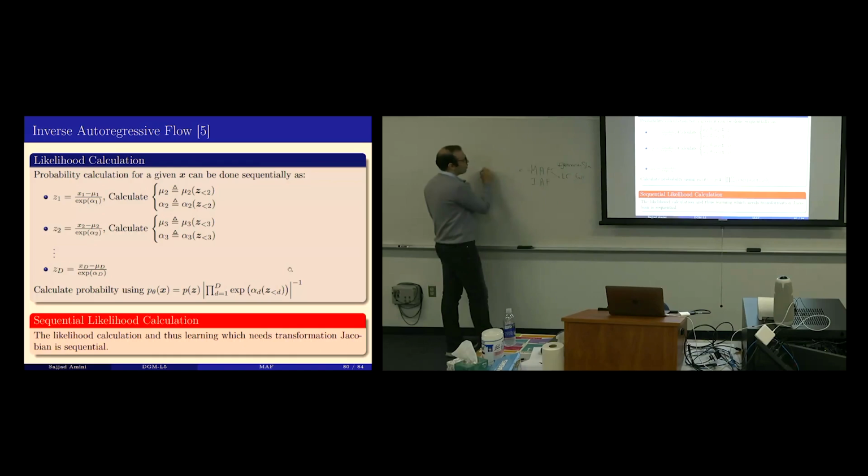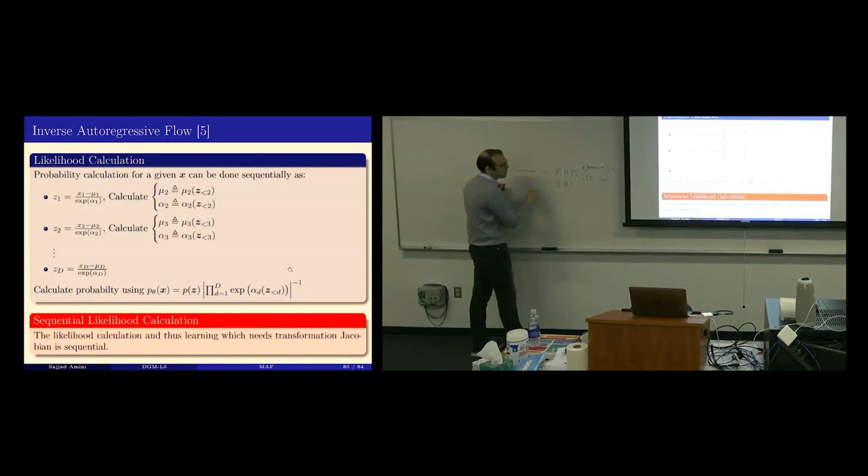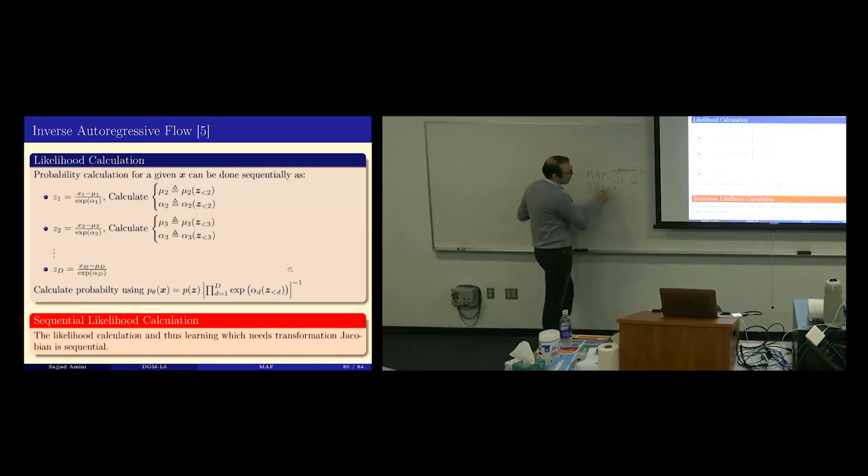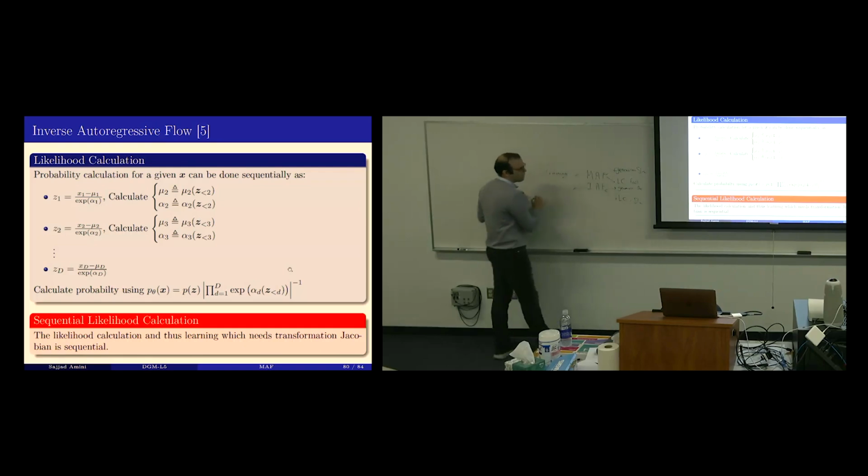So they are suitable for training. On the other hand, for IAF, generation is fast. Likelihood calculation is slow. So these are suitable for generation.